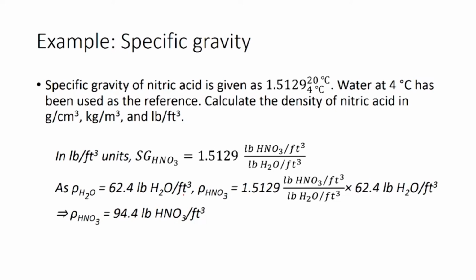The units of pound of water per feet cube cancel off to finally give you the units of pounds of nitric acid per feet cube, which would be the units for the density of nitric acid. As you saw, based on the units which we have used for the specific gravity, we use the appropriate densities for water to multiply, thereby getting the density for nitric acid in the different units.